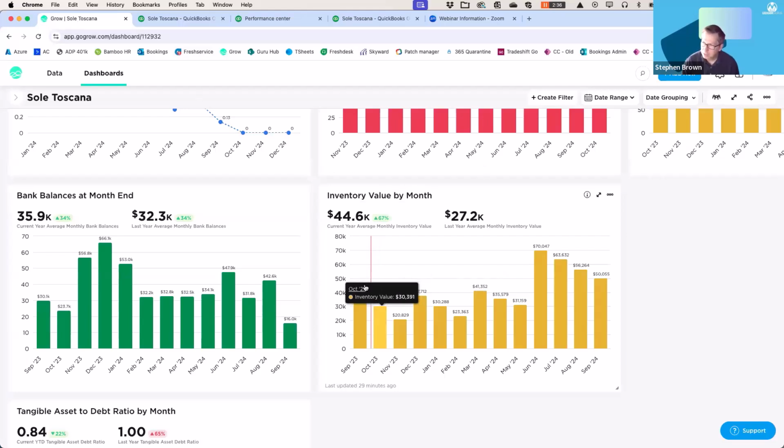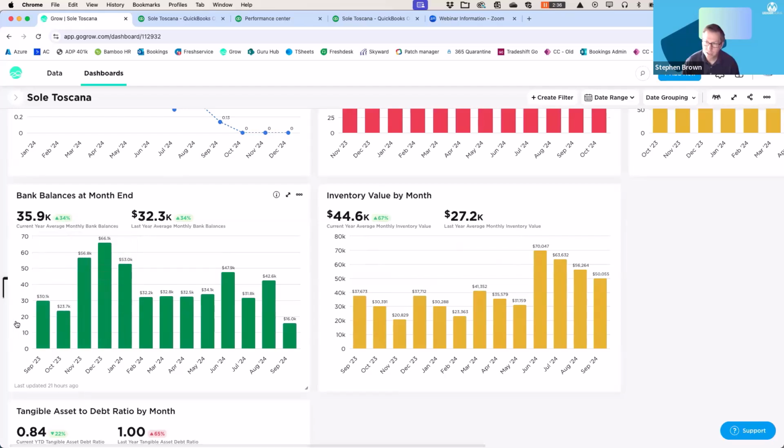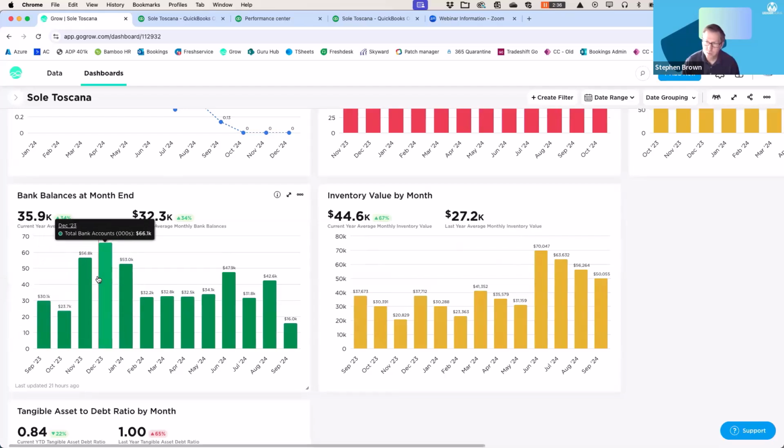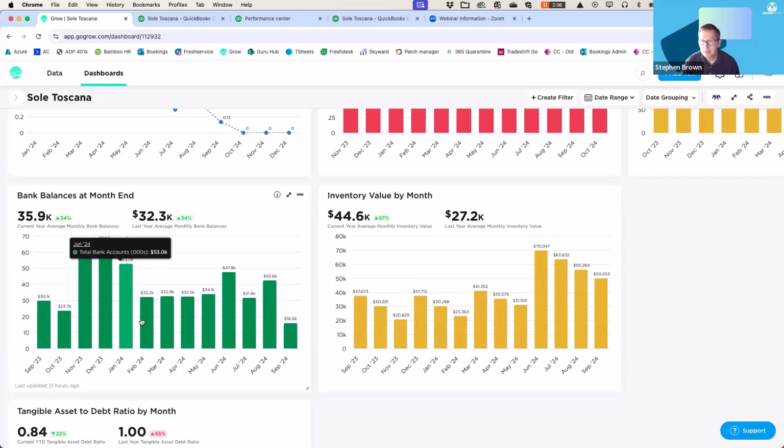I can see inventory is really low and then it went up. Why? Because we're ramping up for holiday sales. And you see a parallel in cash. Cash gets really big and then it starts to go down because we're paying down debt. We quickly pay down a lot of our loans as we have those huge holiday ramp-ups, and then we get down to a level set of cash, and then we're back in that game.